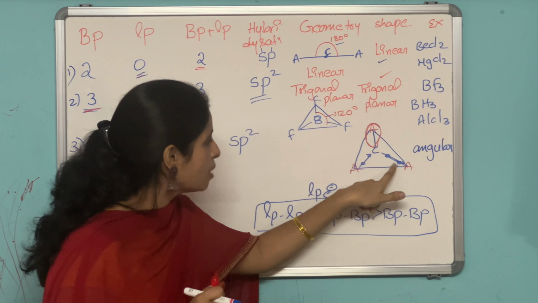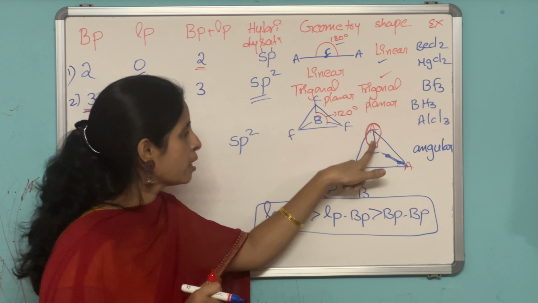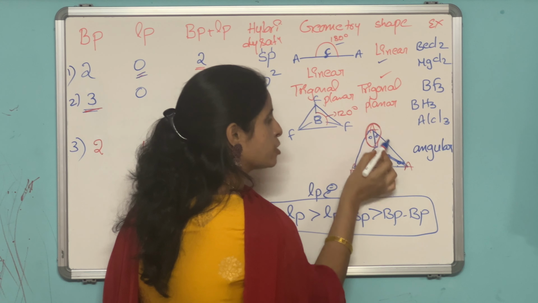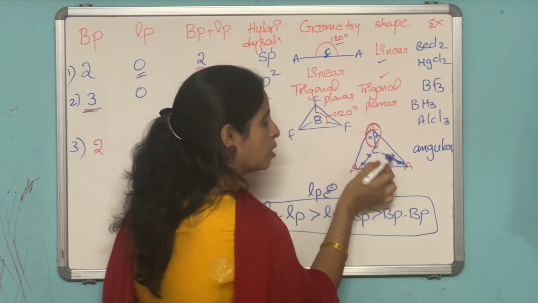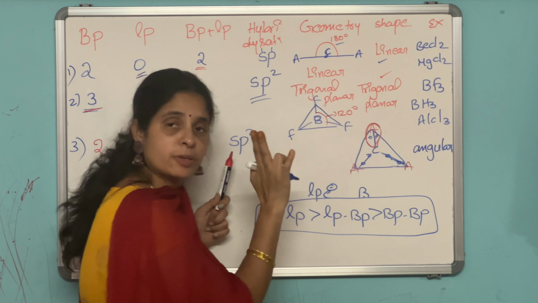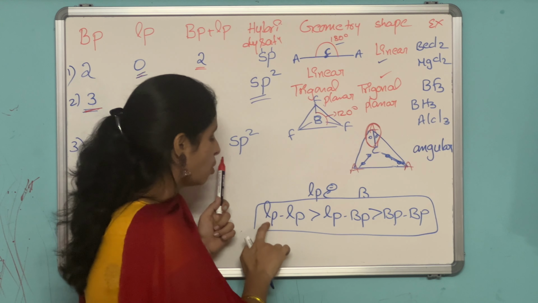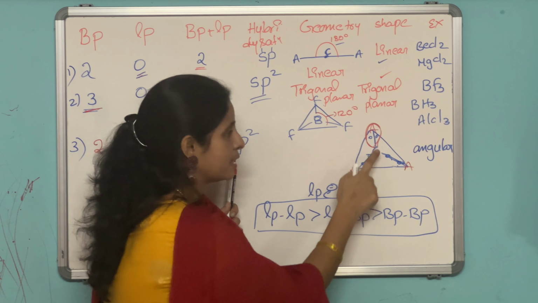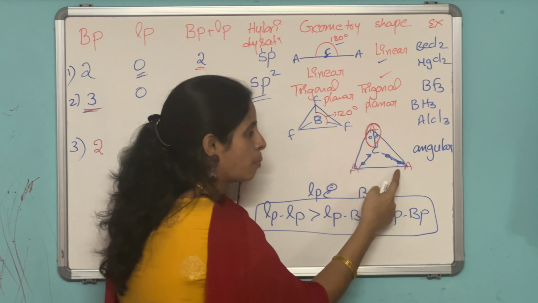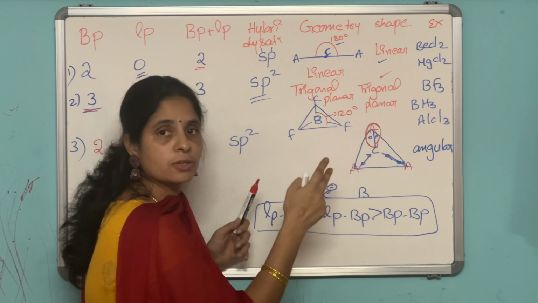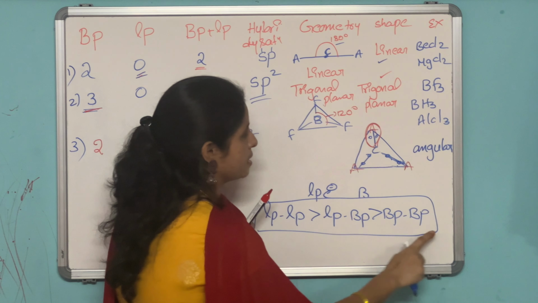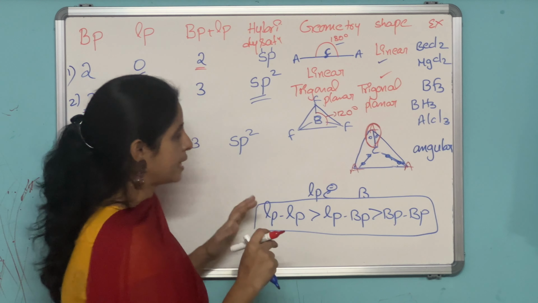A lone pair means 2 electrons, so there exists a repulsion between a lone pair and a bond pair. If another lone pair is there, there exists a repulsion between the lone pairs. So lone pair repulsions are greater than lone pair-bond pair repulsions. And bond pairs are also electrons only, no? So there will be a repulsion between bond pairs as well. Please make it a note.